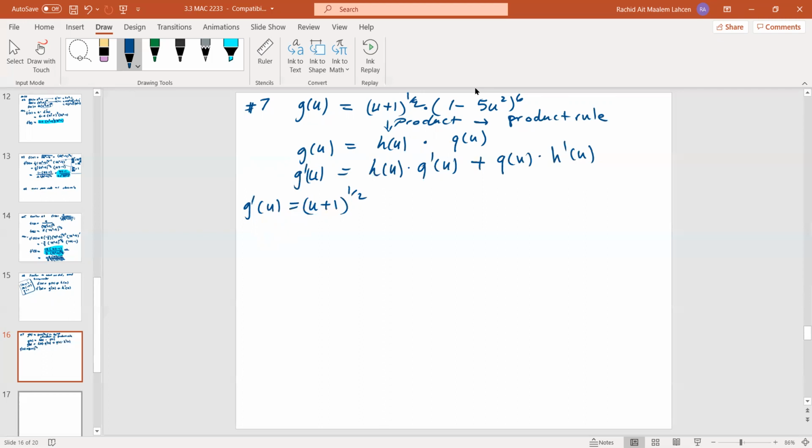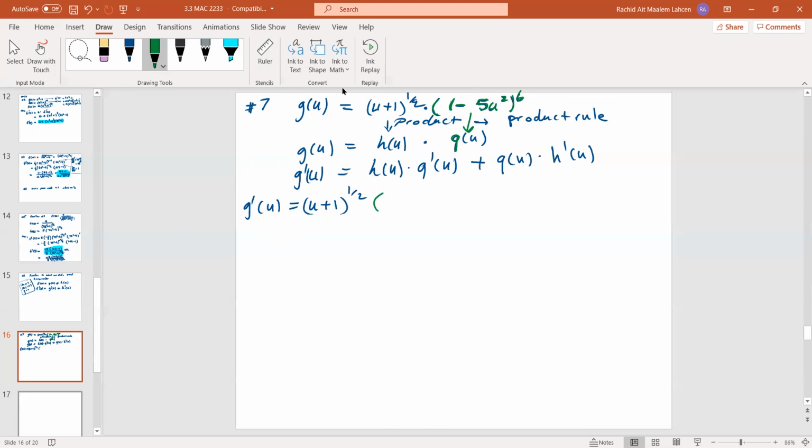Now q of u is this one here. So you need to do this derivative on the side, or you can do it here. So let's do it in green. How would this one work?